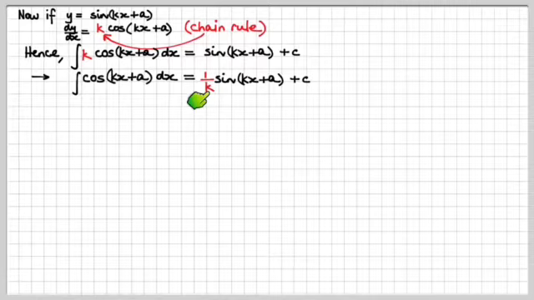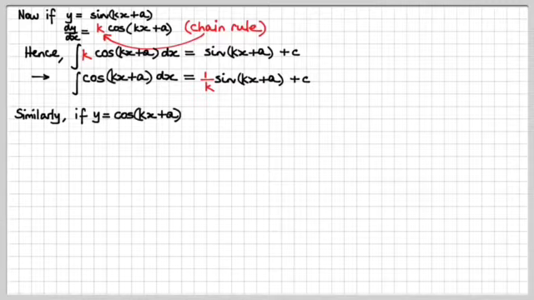Because if you think about it, if I derived this with the 1 over k, what would it be? 1 over k times cos of kx plus a times the k from the chain rule, which would then be completely neutralised by this 1 over k, and you wouldn't have a coefficient in front. That's the idea of it. It's reverse chain rule, okay? You get it, don't you?